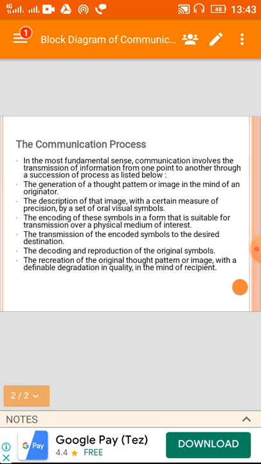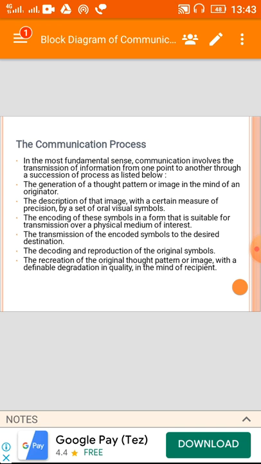Next, the communication process. In the most fundamental sense, communication involves the transmission of information from one point to another through a succession of processes as listed below. First is the generation of a thought pattern or image in the mind of an originator.